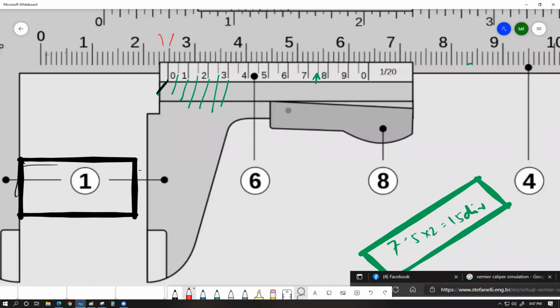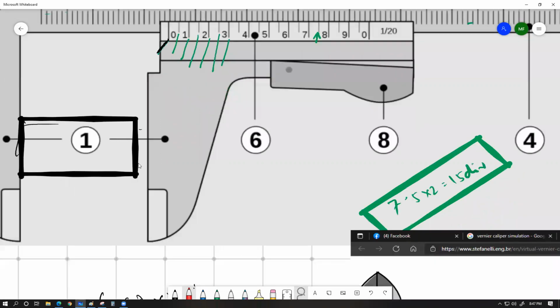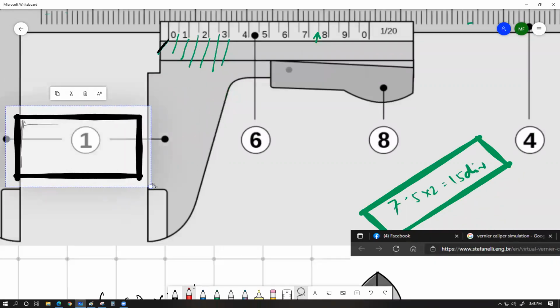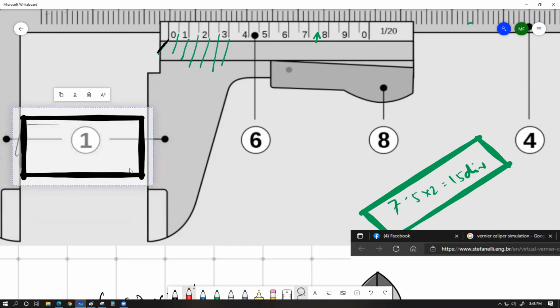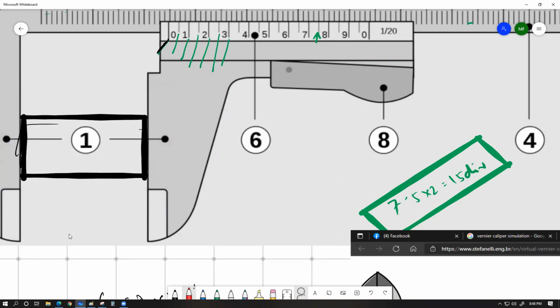It simply means that this object we have in between over here should be drawn a bit bigger. This is supposed to touch both the sides. Okay, a bit more comfortable that way.